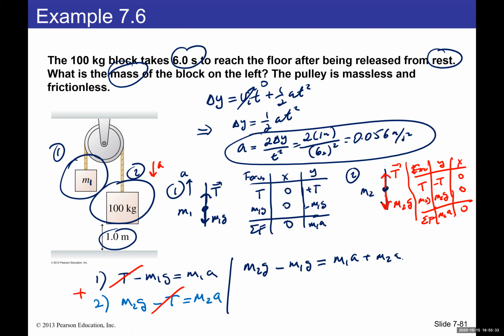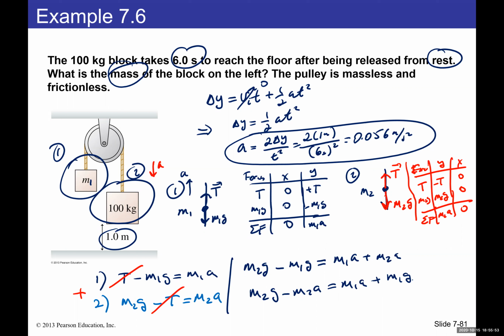Since I want to solve for M2, this gives me M2G minus M2A equals M1A plus M1G.